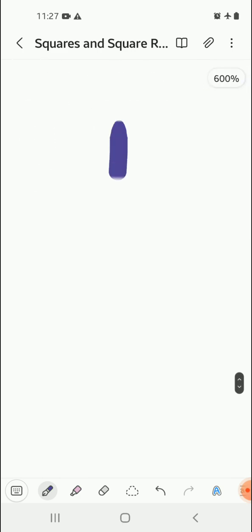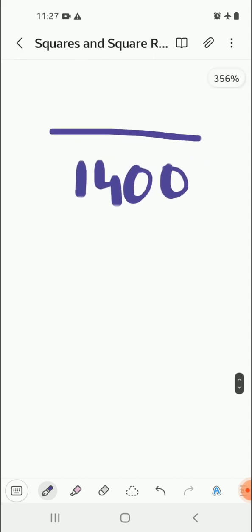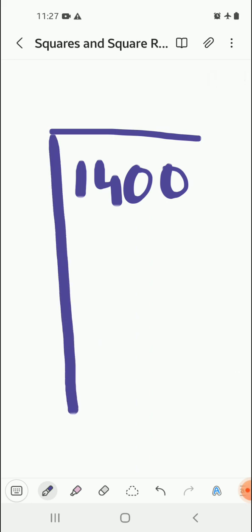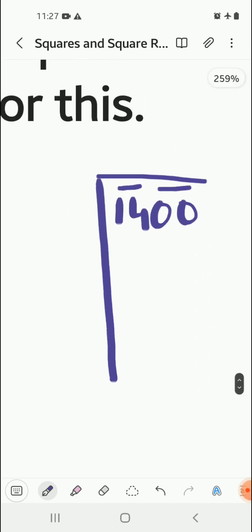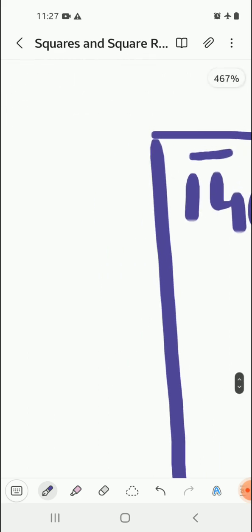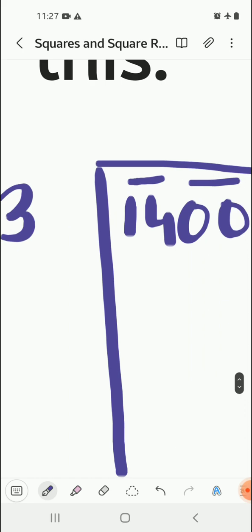The general format, that is 1400, draw lines this way, make pairs from right to left direction, so it will be the first pair, the second pair. Now 14, the square closest to 14 will be 9. 3 into 3, 9, so 3 and 3 here, it is 9.